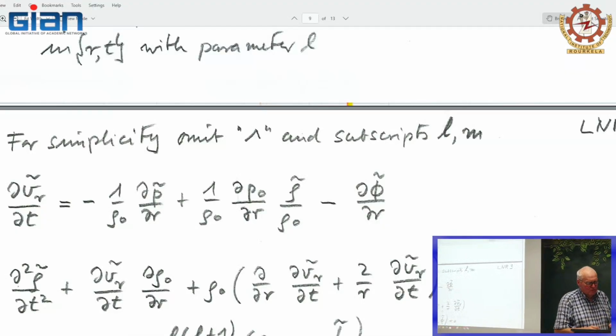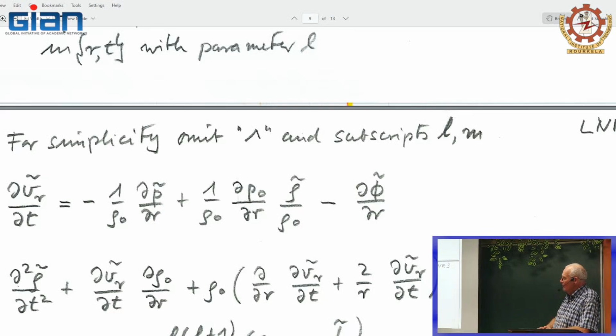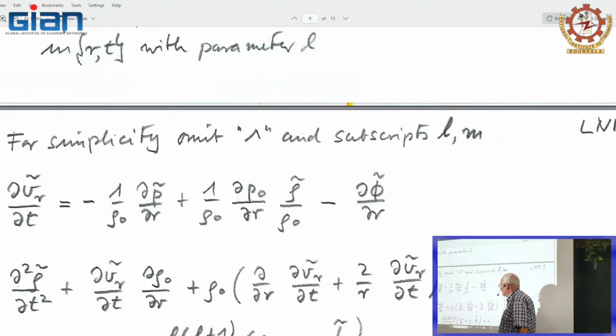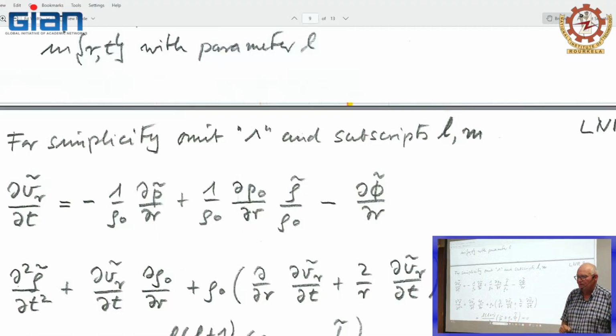So we have a one-parametric infinite number of equations, or we may regard it alternatively as an equation with a parameter which has to be solved for any value of the harmonic degree. So this is still a partial differential equation containing the radius and the time as independent variables.